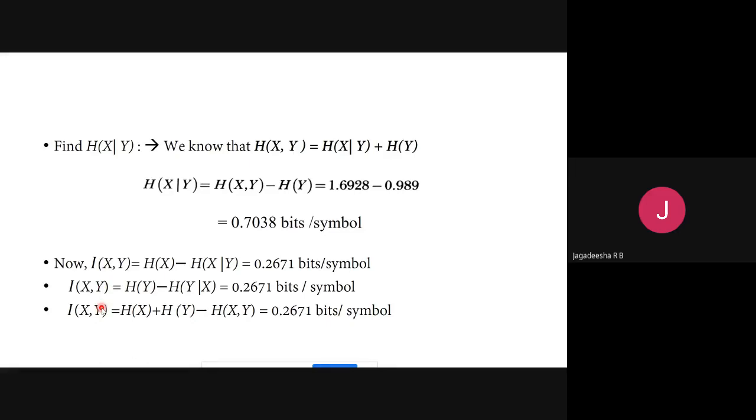Actually, we have studied 3 properties of mutual information. So that is what is written here, equated here. That's why all these values become equal. I mean, because of this relation, you can verify this in any given setting. So this is a verification here. I mean, we have a question here, example 1.